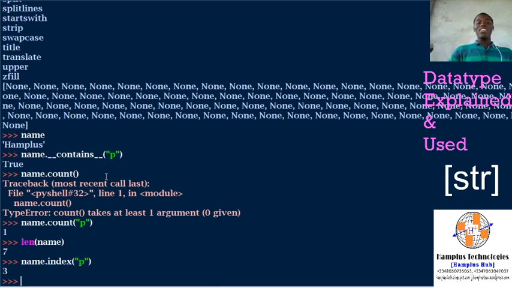It is saying that the letter p is at index position 3. Is it 3? Let's see. Remember, Python starts counting from 0, and generally in computer science we start counting from 0, not from 1. So h is 0, a is 1, m is 2, and p is 3. Wow, we got it.